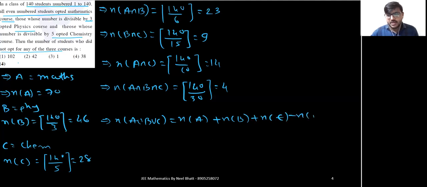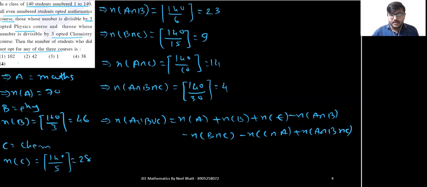Okay. Now you can either go with the Venn diagram, or you can apply the equation. Let's talk about number of A union B union C. So we know the equation is number of A plus number of B plus number of C minus number of A intersection B minus number of B intersection C minus number of C intersection A plus number of A intersection B intersection C, which is 70 plus 46 plus 28 minus 23 minus 9 minus 14 plus 4.